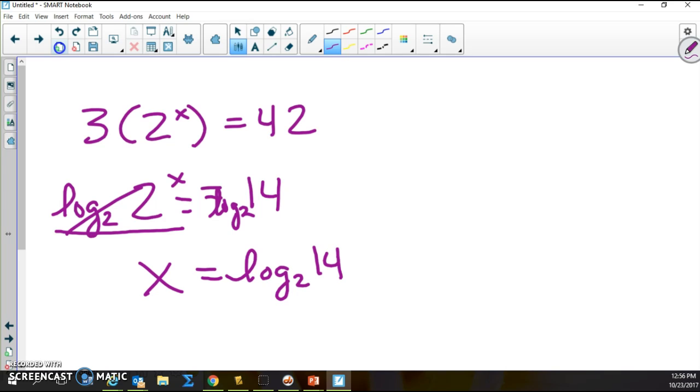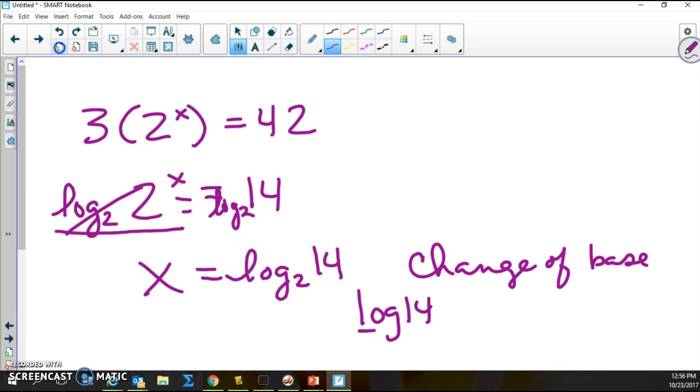Remembering in chapter 3, lesson 3, we did a change of base operation, and that was taking the log of 14 divided by the log of 2 and changing that back.